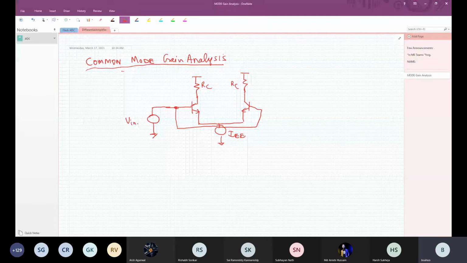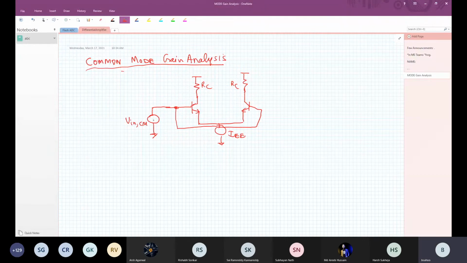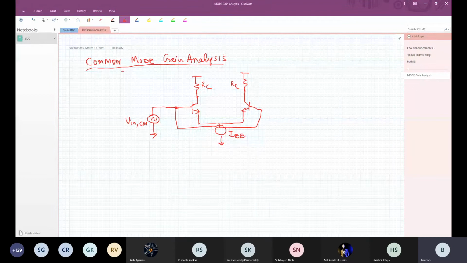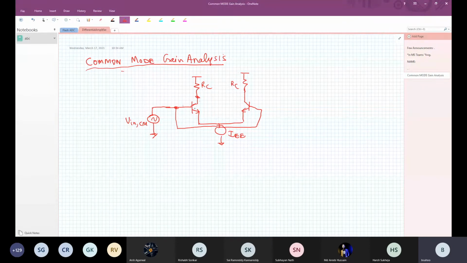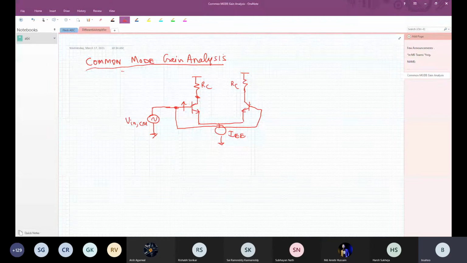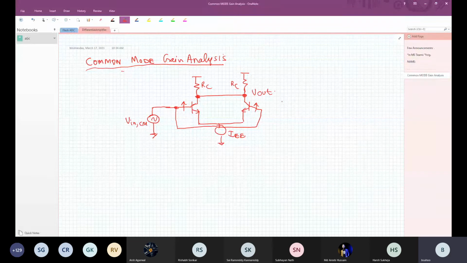So V in CM is going to move up and down together. Then automatically this node, if this goes up, this goes down. If this goes up by an X amount and this goes up by the same amount, then I can virtually short both of them. So V out will move up and down together.